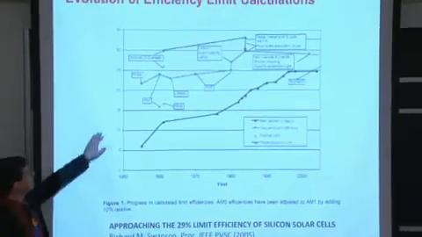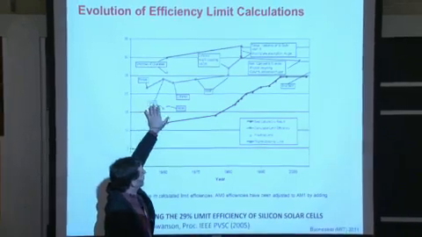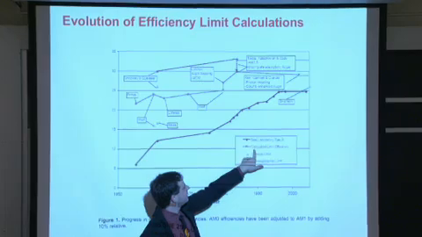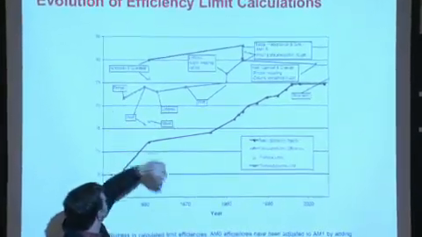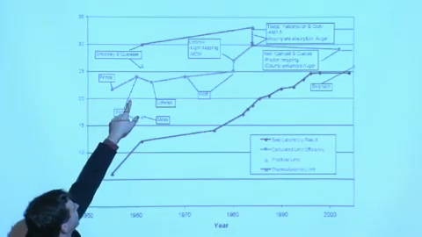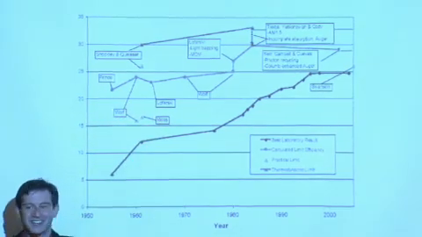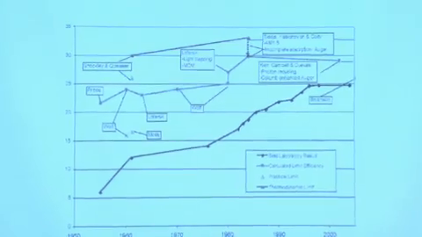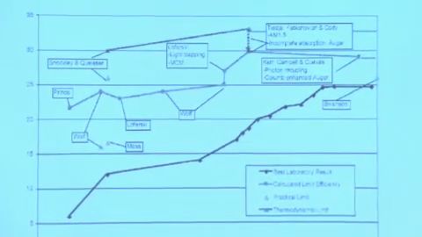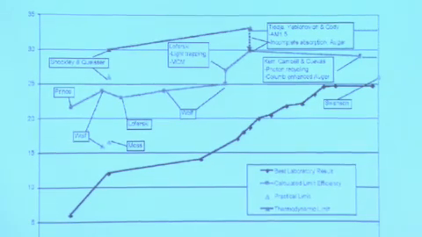And interestingly, right here, this is the thermodynamic limit and the calculated limit efficiency versus time. So we start from Prince. That was the very first one. And we have Shockley-Queisser up there, and so forth. So the theoretical limit of solar cell performance has also changed with time. And their calculations vary. So it's important to be able to understand this as you go into it.